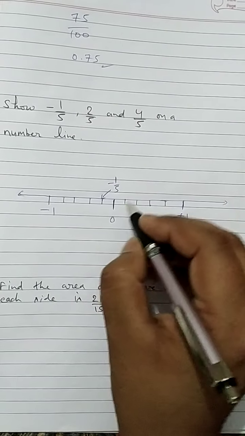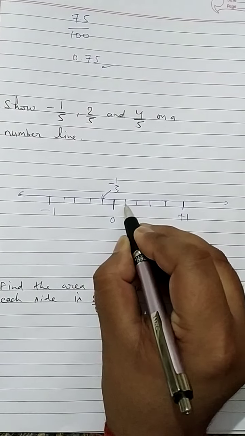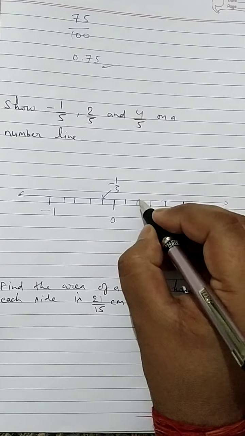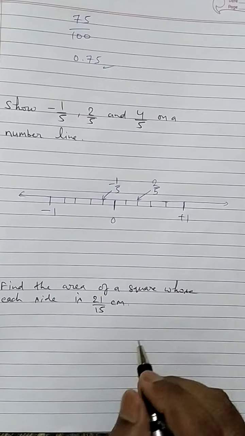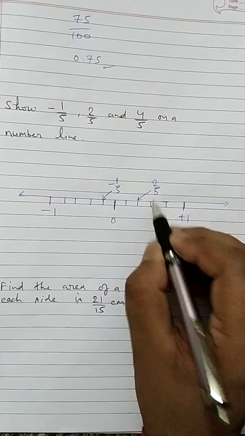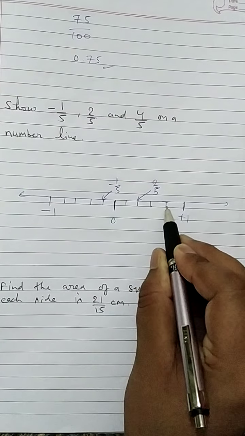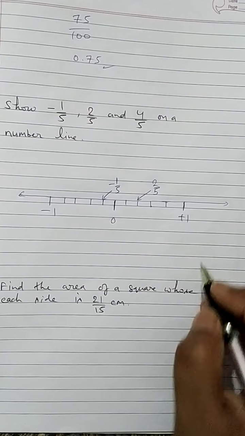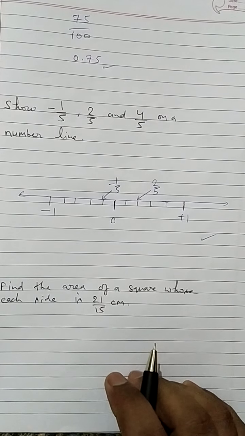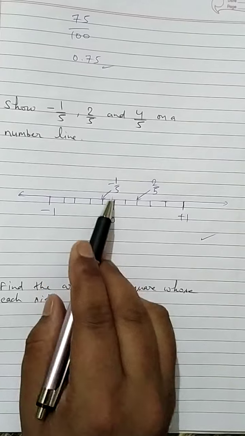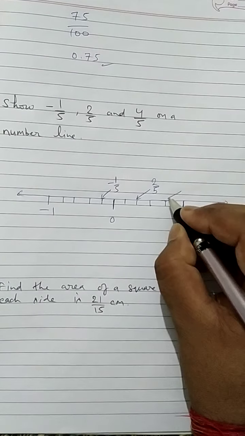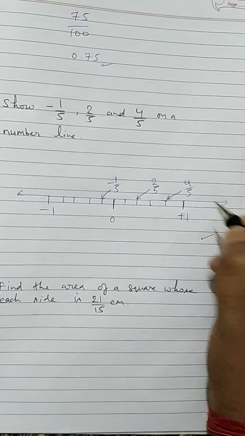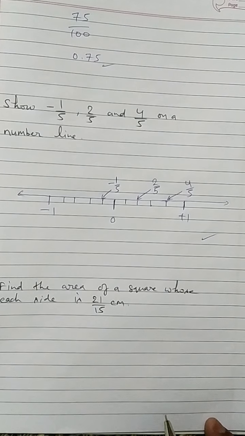And similarly here this is plus 1 upon 5, this is plus 2 upon 5, 3 upon 5, 4 upon 5 and 5 upon 5 means plus 1 here. Okay, so this is the representation of minus 1 upon 5 and 2 upon 5, and similarly this is the representation of positive 4 upon 5.